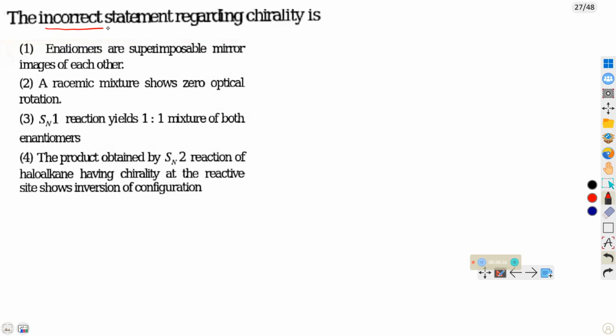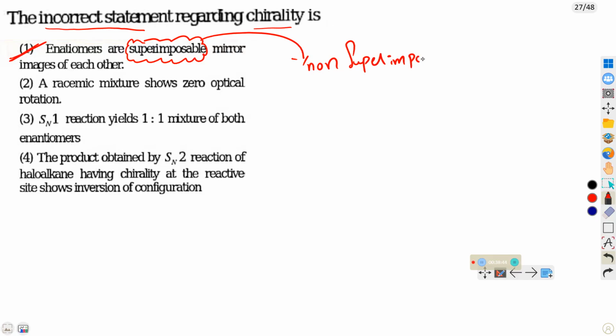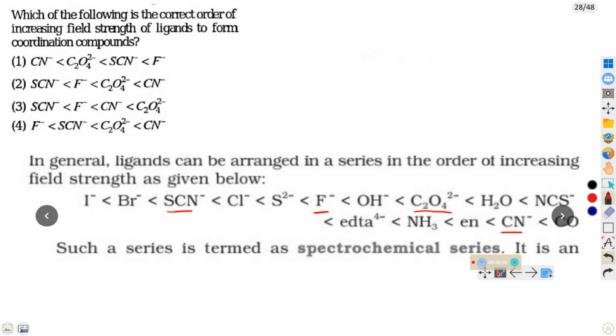The incorrect statement regarding chirality: the first statement is incorrect. Enantiomers are non-superimposable mirror images. But here it is given as superimposable mirror images, that is wrong. Non-superimposable mirror images.